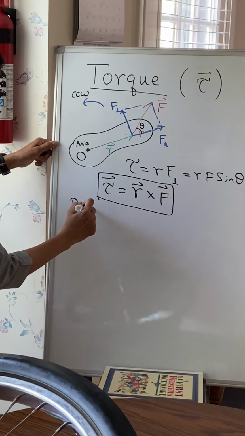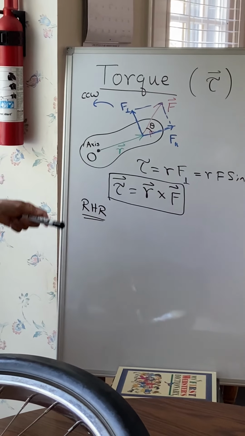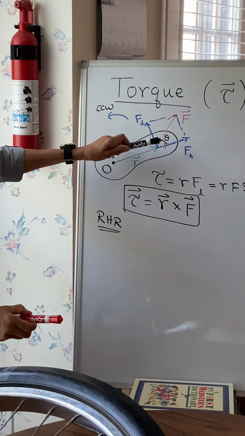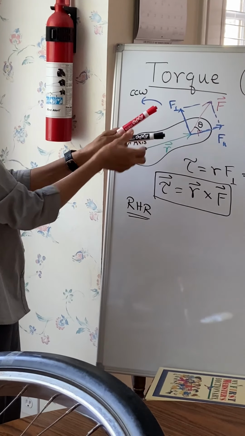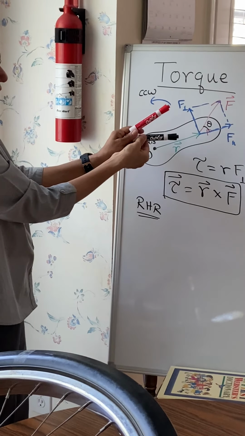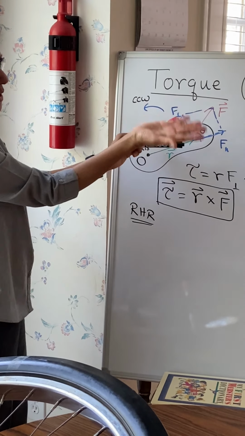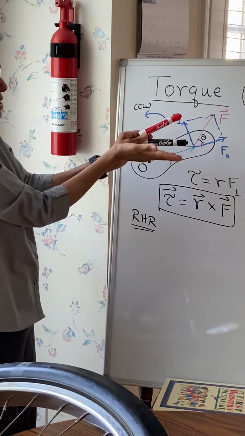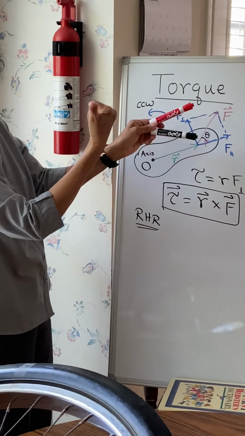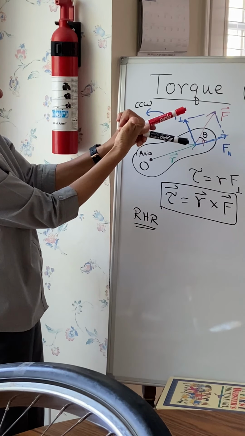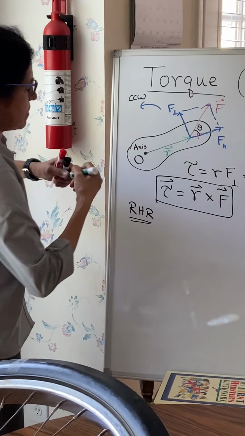The torque is R cross F. If you look at your R vector, that's this way, and your F vector, I bring the F and put it here, so both the tails are at the same point. Using the right-hand rule, R cross F, I need to curl my right-hand fingers from R to F. So R to F will give me a torque coming out of the board, coming towards you. That means the torque tau is out of the board.